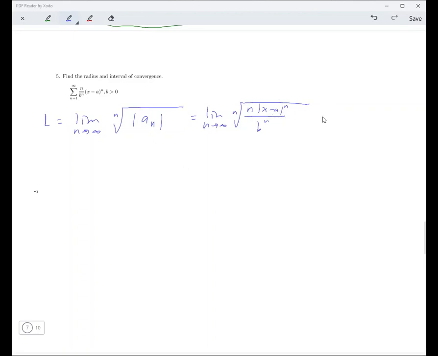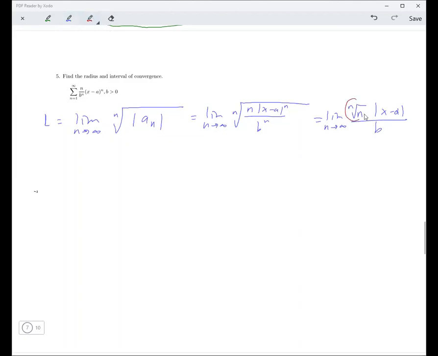When we look at each of these pieces, we have the nth root of n, which converges to 1 as n goes to infinity. The nth root of this is just going to be x minus a in absolute value, and the nth root of b to the n will just be b.